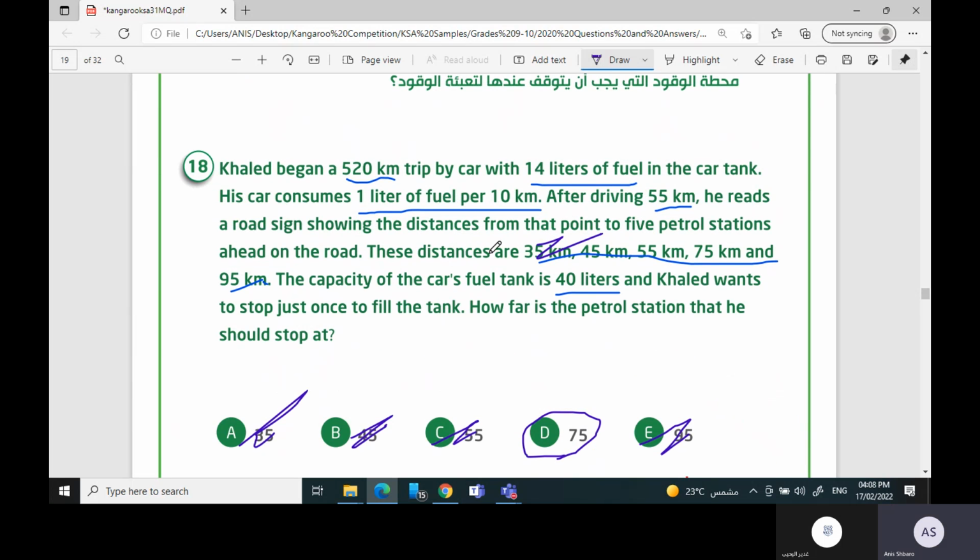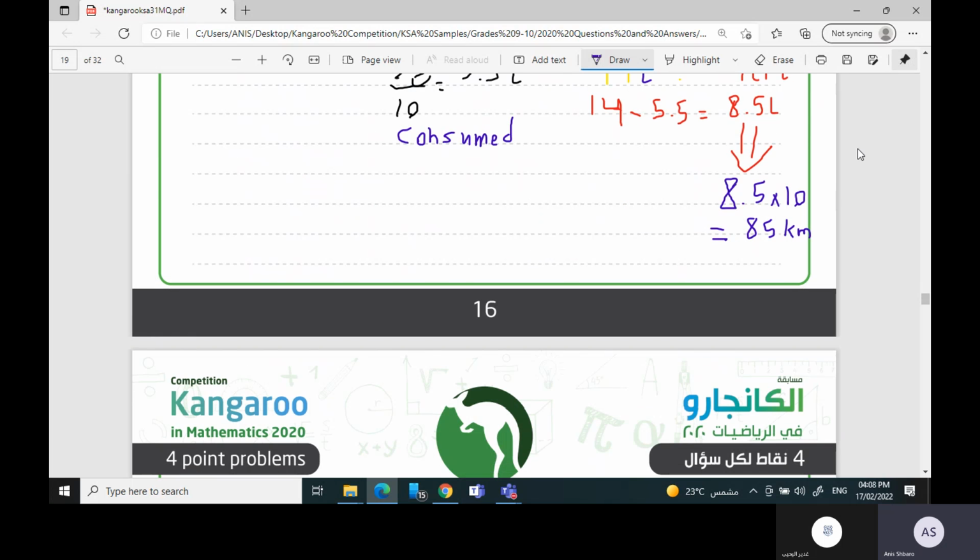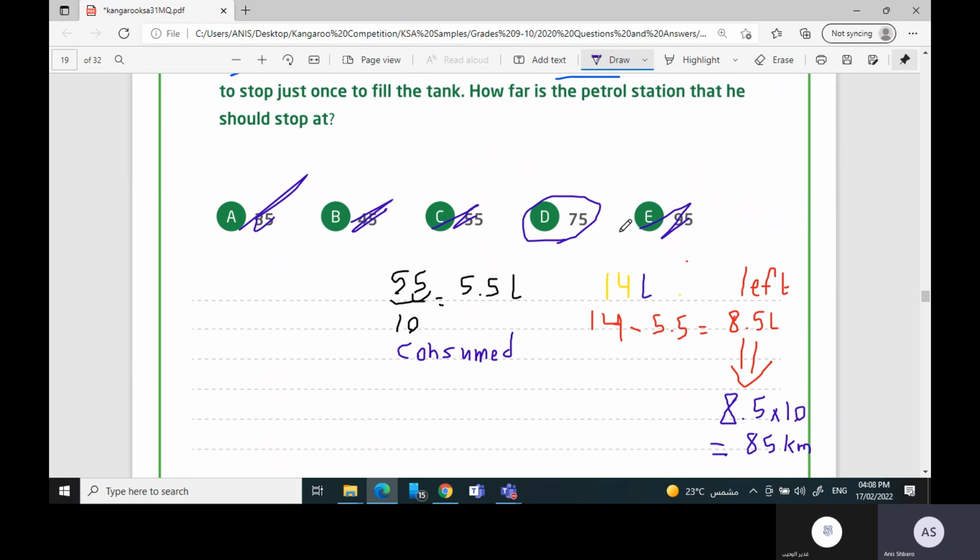And if he consumed 5.5 liters and he had 14 liters initially at the beginning of the trip, so 14 minus 5.5 is equal to 8.5 liters, so he's left with only 8.5 liters.